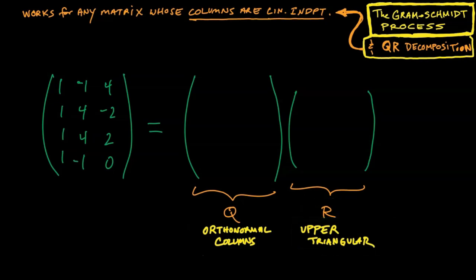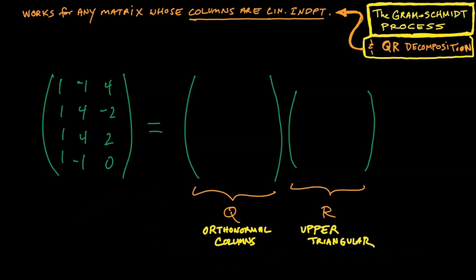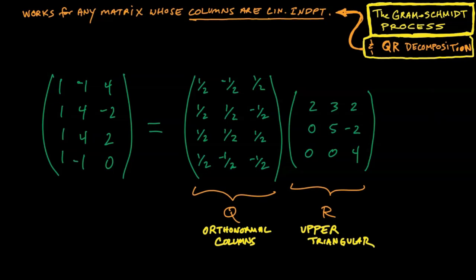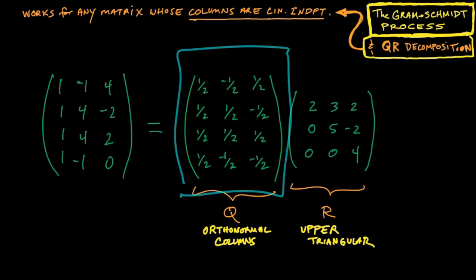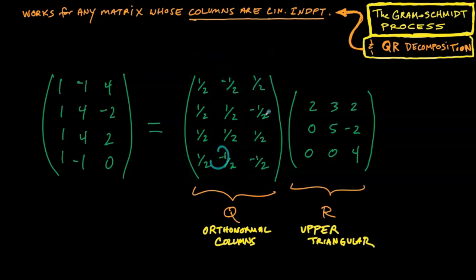Well, that's a bold claim. What would it look like if we did a QR decomposition here? Well, it would look like this. Never mind for now where this came from. We'll see that soon. We can see at a glance that the proposed matrix R is upper triangular. It takes a little more than a glance to see that the proposed matrix Q has orthonormal columns, but it does. It's easy to see that each one is unit length just by using the usual distance formula, and that sprinkling of negatives ensures that each pair of columns is an orthogonal pair.